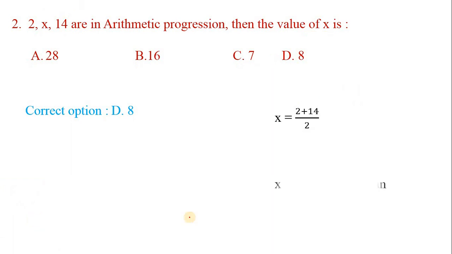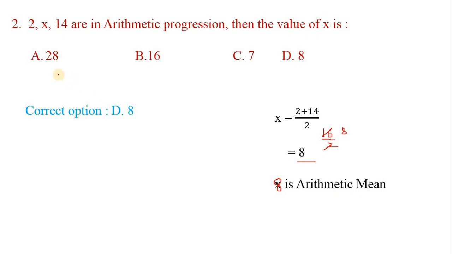Now let us add these two, children. 2 + 14 is 16. 16/2 is 8. 2, 8, 14: the difference is 6 each time. Hence 8 is the correct answer. Here you have to write that 8 is the arithmetic mean.